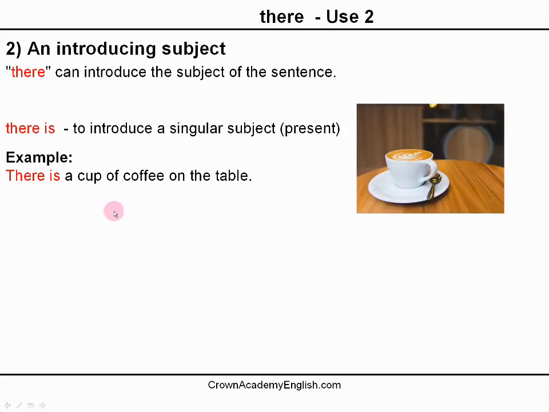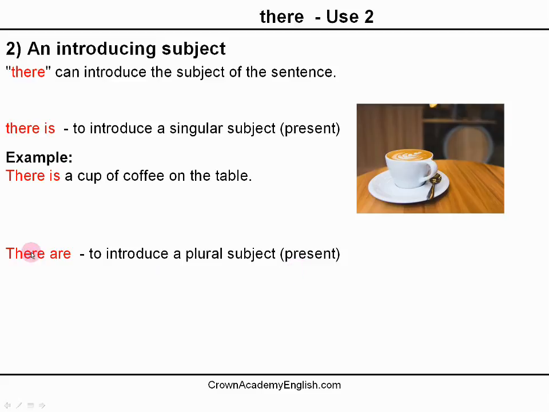So this is an introducing subject because this sentence in fact means a cup of coffee is on the table. So the subject of the sentence is a cup of coffee. And so we are introducing the subject. And if the subject is plural, we say there are to introduce a plural subject.